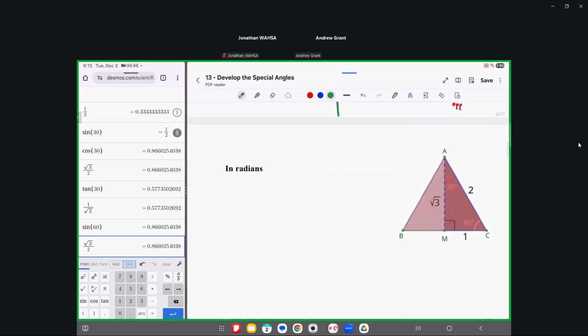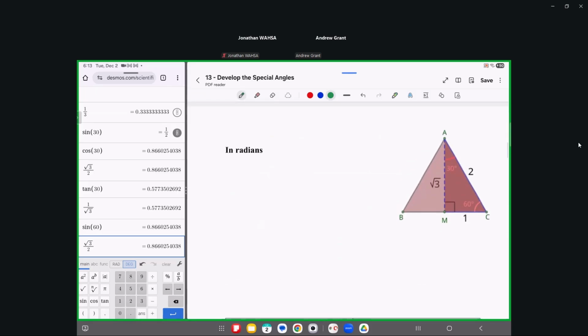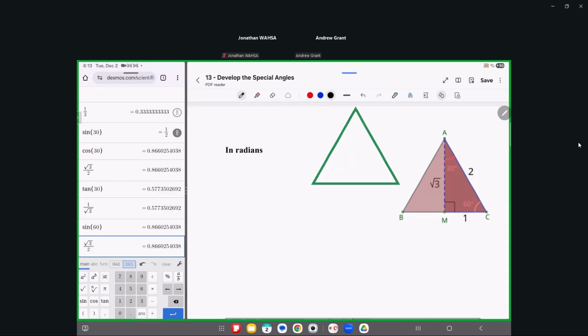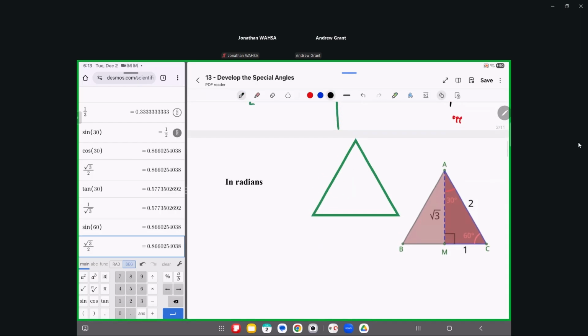Okay? This same exercise can be developed in radians as well. So when we have our triangle, there's our equilateral triangle. Instead of an angle of 60 degrees, we would have an angle of pi over 3.